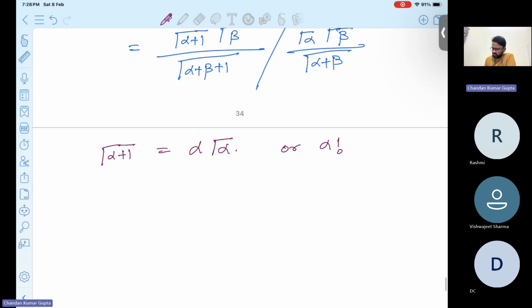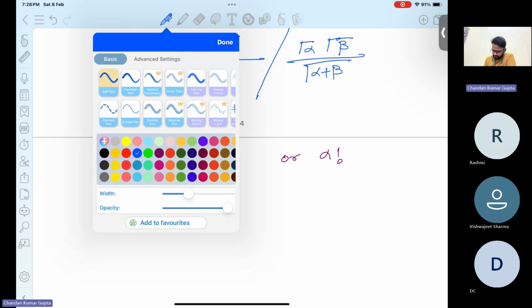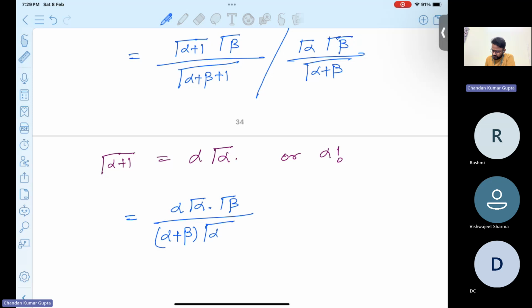So look, we can write it like this: this term, gamma alpha plus 1, will be written as alpha gamma alpha, gamma beta, divided by alpha plus beta, gamma alpha plus beta.